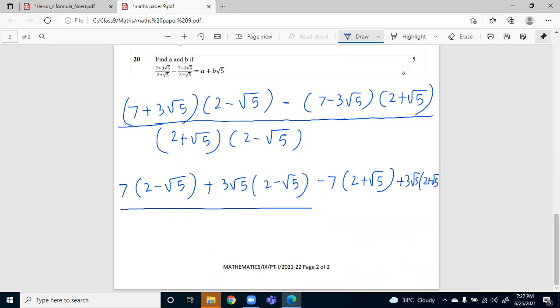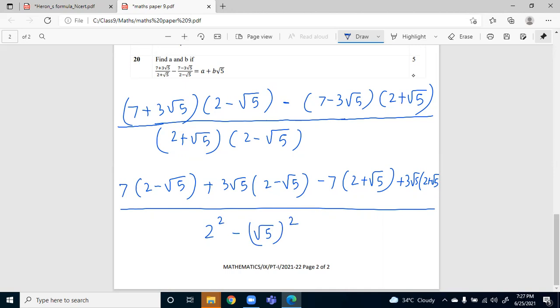If you look at the denominator, it is of the form x plus y and x minus y. That is x square minus y square, identity number 3. So x square is 2 square minus root 5 square.